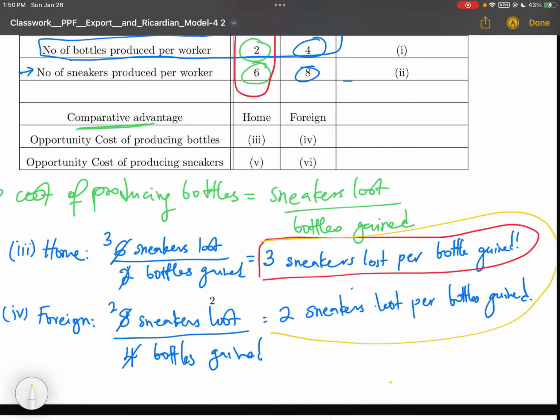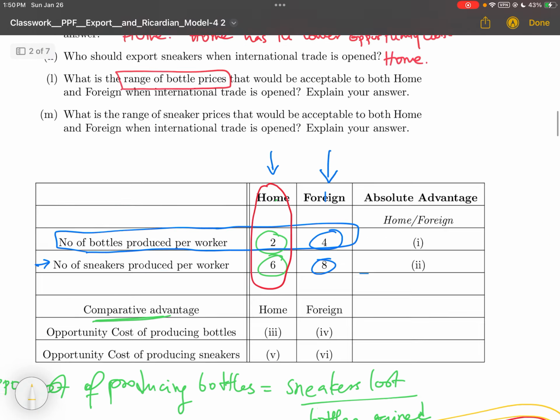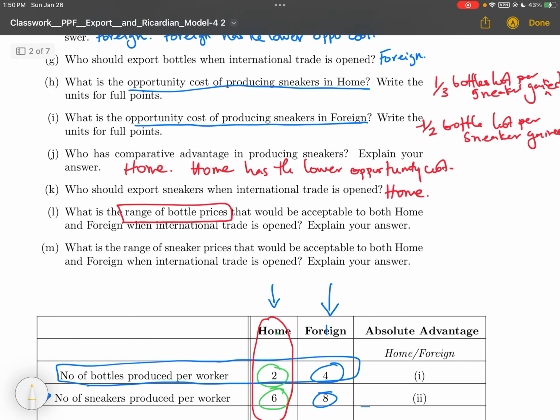The range of bottle prices is these two here. It will be between 2 sneakers lost per bottle gained and 3 sneakers lost per bottle gained. And so up here, you will write the range as between 2 to 3 sneakers.